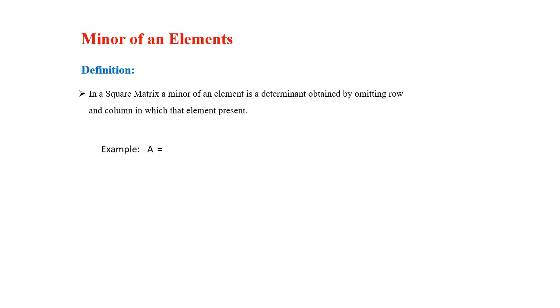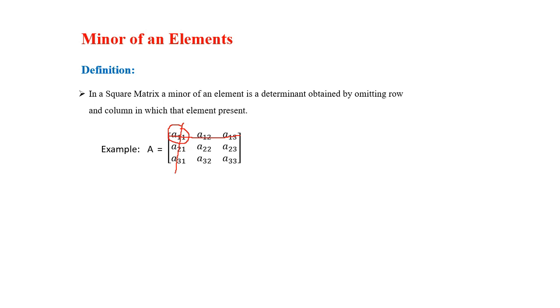I will consider a 3 by 3 matrix. In this 3 by 3 matrix, there are 9 elements, and each element has a minor. Suppose I consider the first element a11. What will be the minor of this a11? The minor of a11 can be obtained by eliminating the first row and the first column, because a11 lies in the first row and the first column.